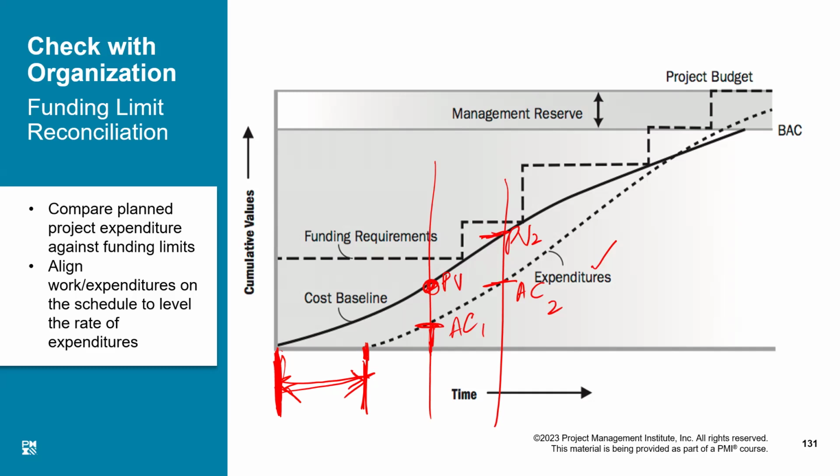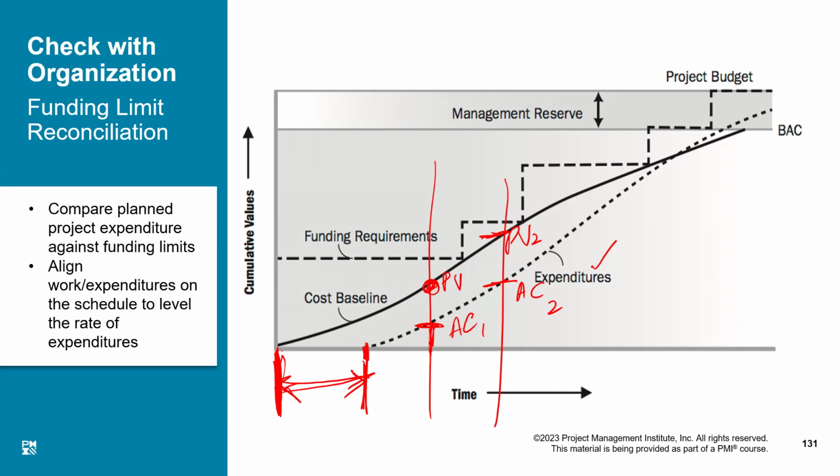Actually, in addition to PV and AC, we need to have another line drawn here that could represent how much actual work has been completed so far. That is called the line of earned value, EV.